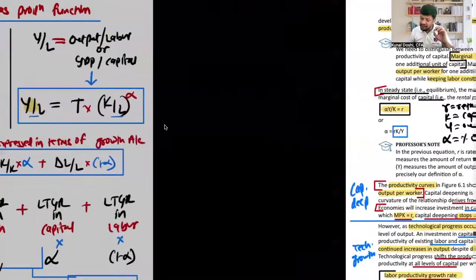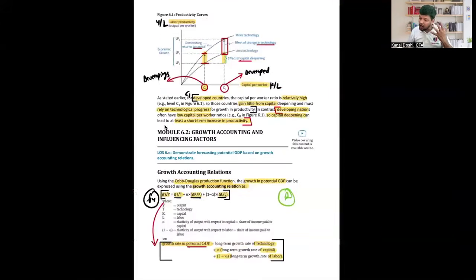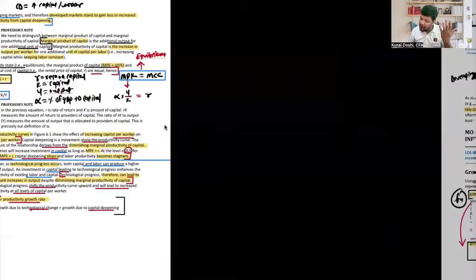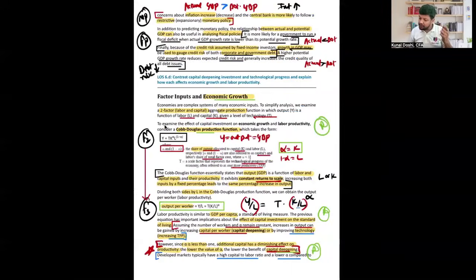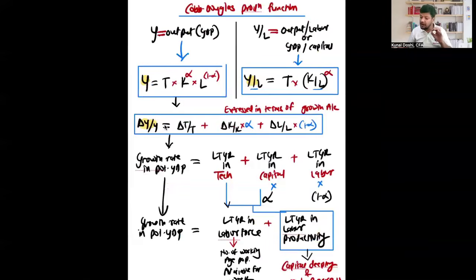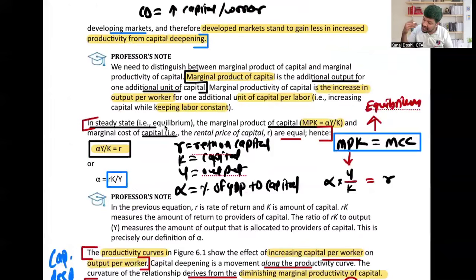But remember, for a developed country, they are not dependent on the capital. They already have enough capital allocated. So, what is the capital deepening concept? It tells us that technology is the main source of growth for a developed country. But for a developing country, there is still scope for an increase in the GDP using capital.